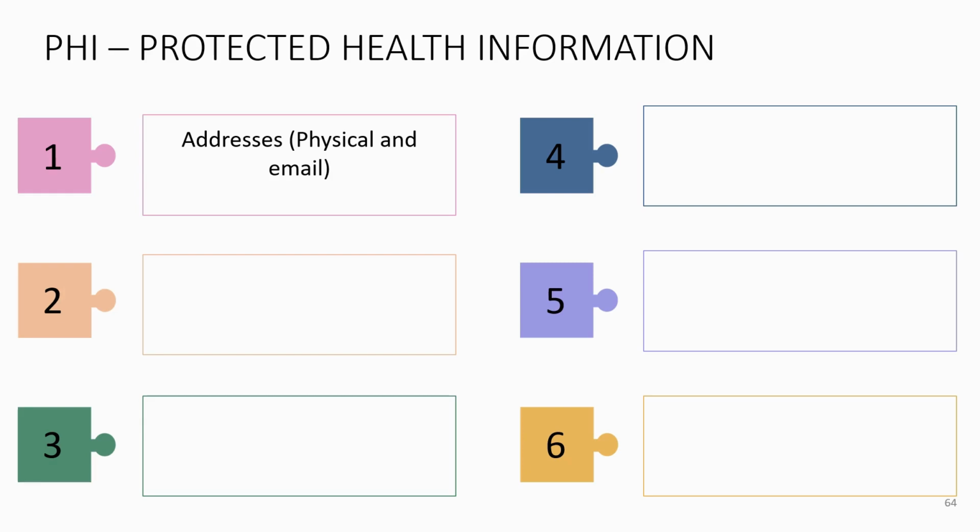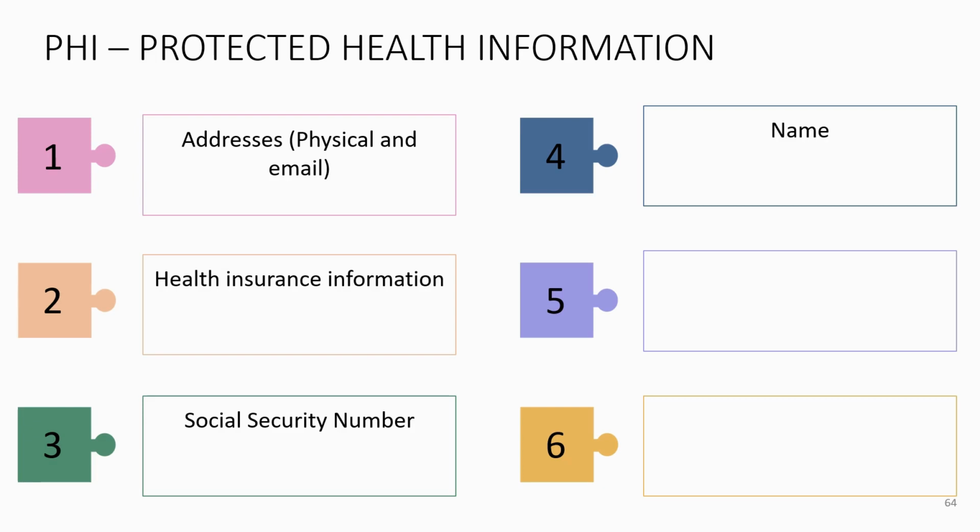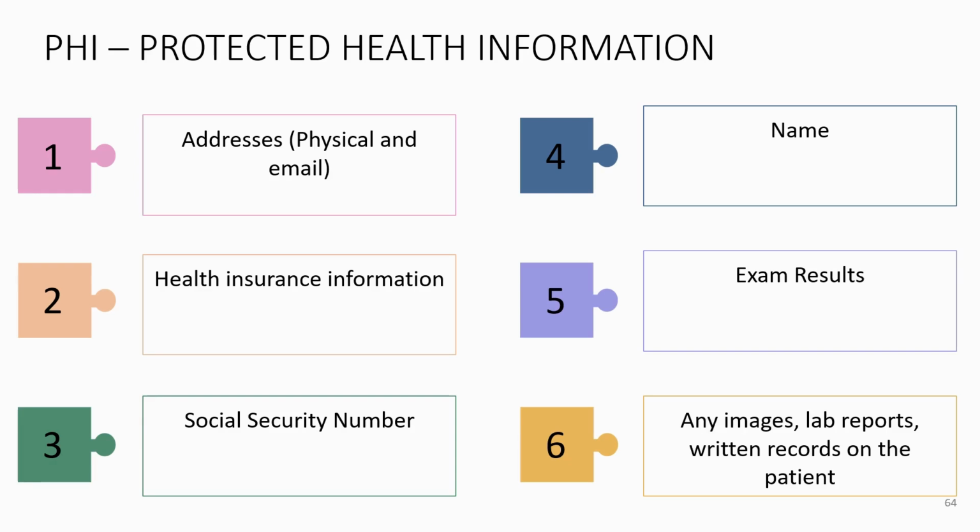So any addresses, whether it's where you live or your email address, health insurance information, any of that information, social security numbers, names, exam results of any sort, whether they are digital, blood, x-rays, images, lab reports, or things that are generated inside the office. Those are all considered PHI, or protected health information. And these are things we can't just tell anybody about our patient.